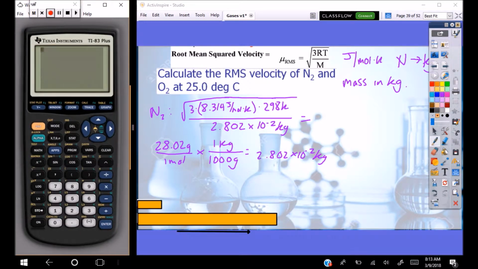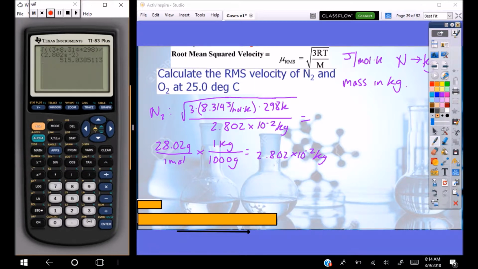So I've got the square root, and I'm going to do parentheses at the top, so 3 times 8.314 times 298, close parentheses, and then divide by 2.802 e to the negative second. And I get my velocity.